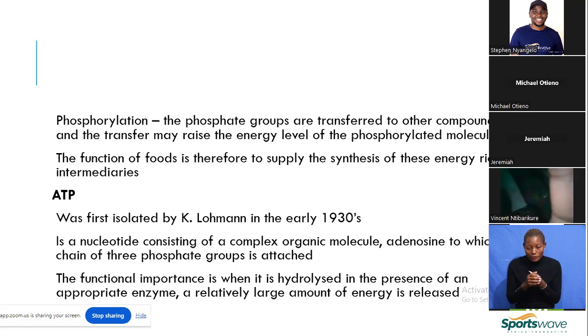This molecule called ATP was first isolated in the early 1930s by a gentleman called Lohmann, and it is just a nucleotide that consists of complex organic molecules, adenosine, and then you have 3 phosphate groups that are attached. And the whole system of the manufacture is just that a simple sugar is hydrolyzed in the presence of an appropriate enzyme, and then ATPs are manufactured.